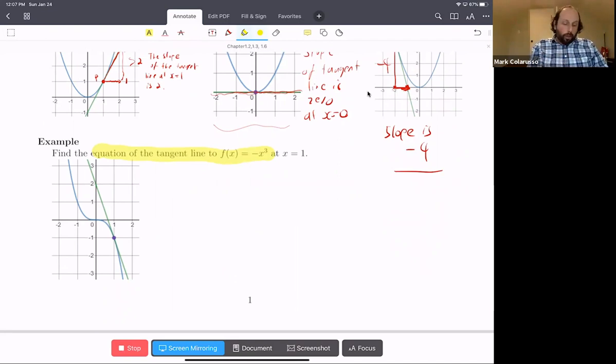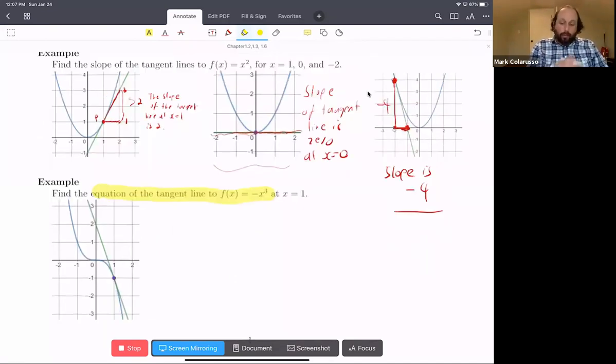We're going to compute the slope like we did in these examples for the parabola. But then we know a point on the line, namely the point (1, -1), this purple point. And once we have the slope, we can use this point to get the equation of the line by point-slope form. So let's do that.